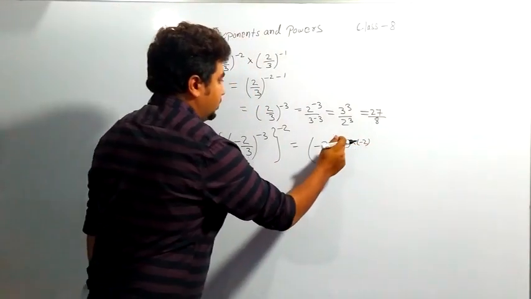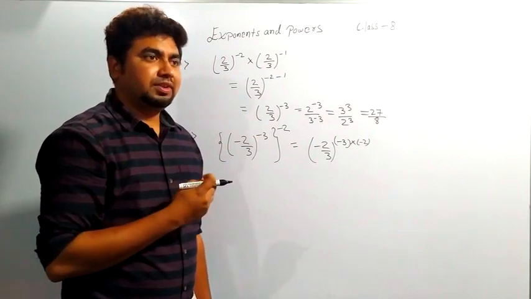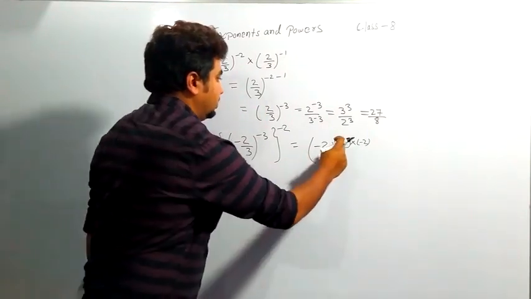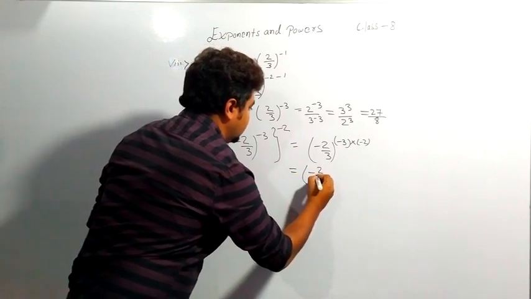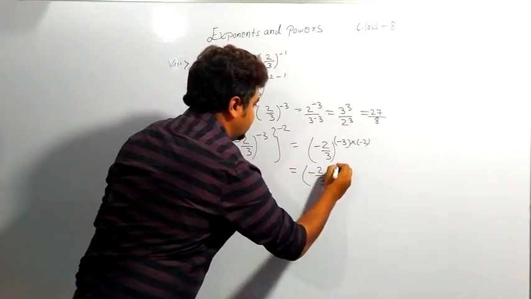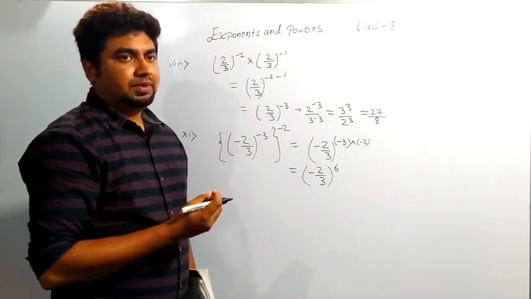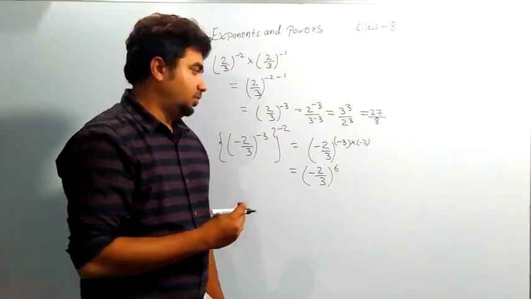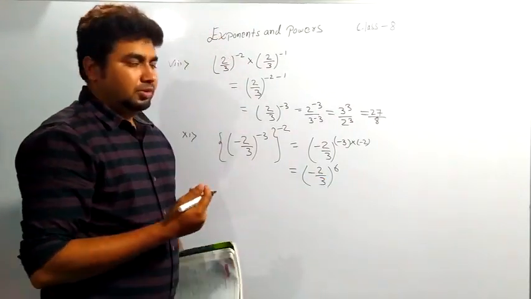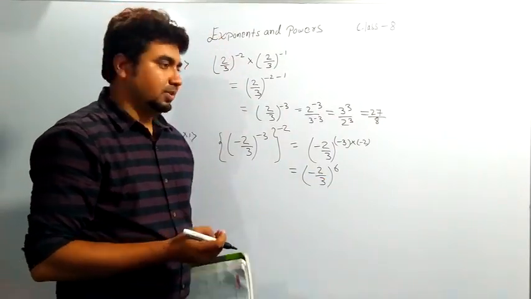When we have an even number of minus signs, it turns out to be positive. Minus minus will become plus, and it can be written as minus 2 by 3 to the power 6. This is the value, or we can further expand.